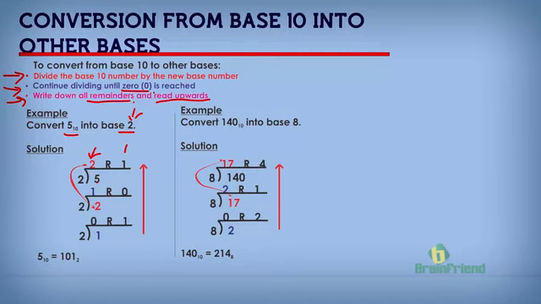Now, this 2 that we have as a quotient is again further divided by the same base, 2. So we have 2 divided by 2. It gives us 1 as our quotient. And then we have a remainder 0. Finally, remember we are to divide until 0 is reached.